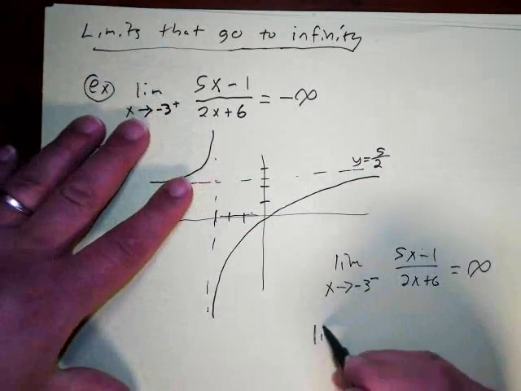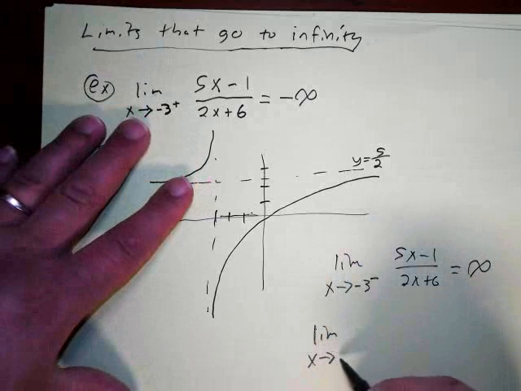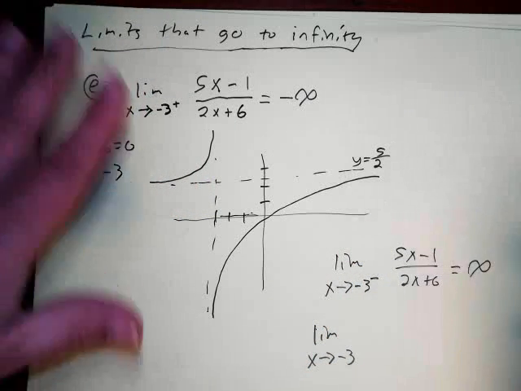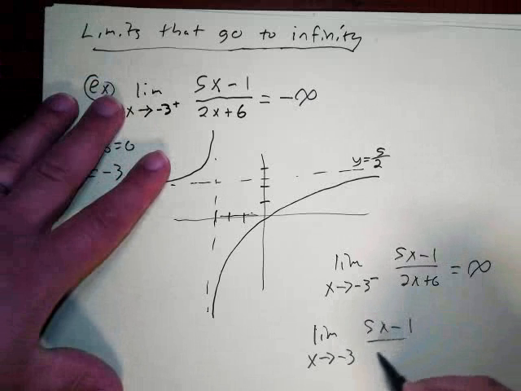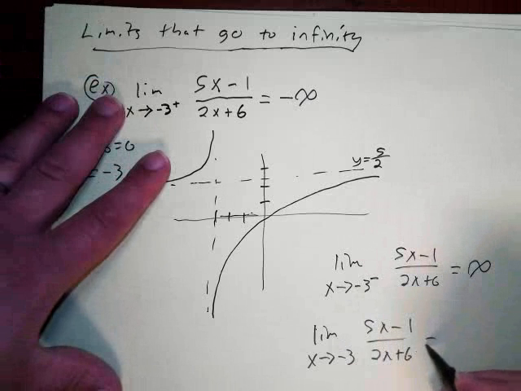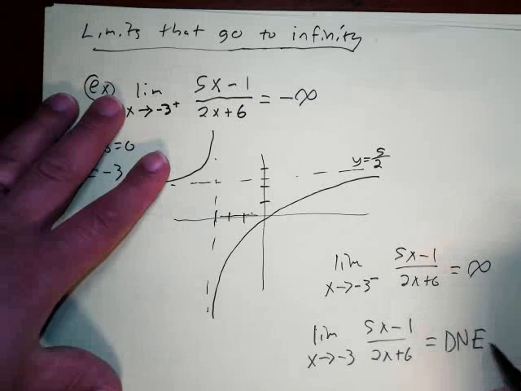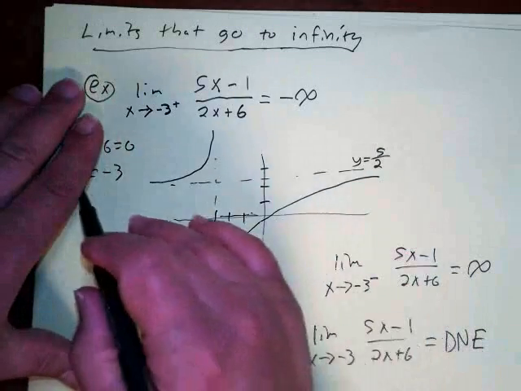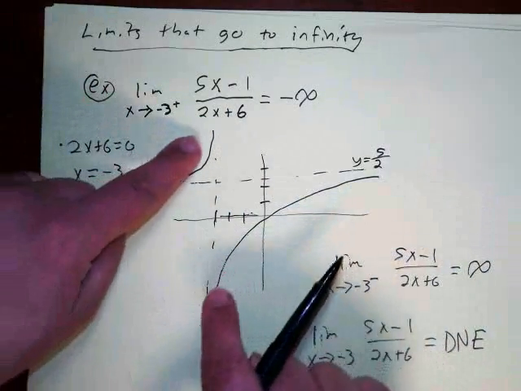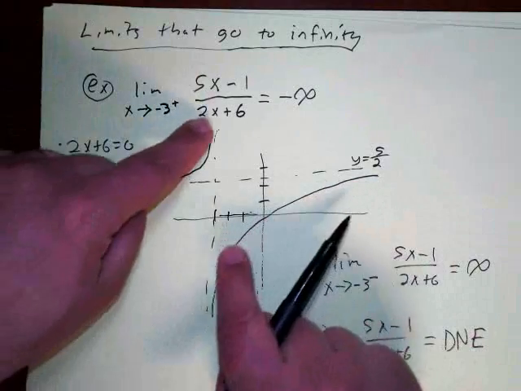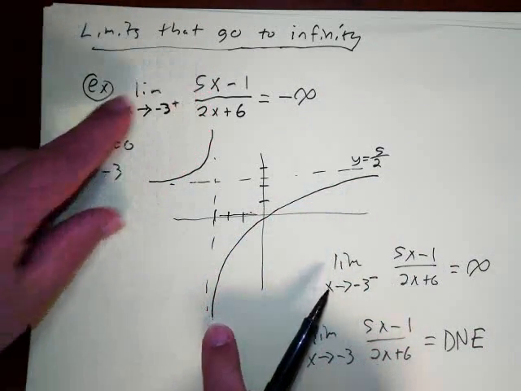And so what we would say is the limit as x goes to -3, just the regular limit here, does not exist. And why is that? As you come towards -3 from both directions, you're not approaching the same infinity, right?